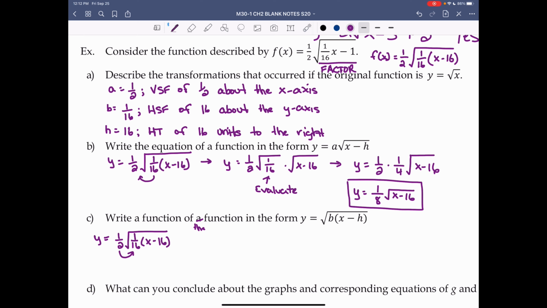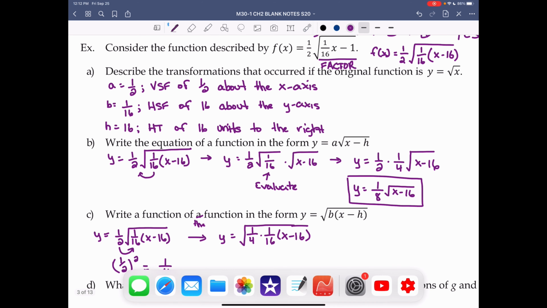Well, to move something underneath a root sign, you have to raise it to the power of the index of that root. So this is a square root, so we have to square the 1/2 to bring it underneath. So we'd have 1/2 to the power of 2 when we move it underneath. 1/2 to the power of 2 is 1/4. We get 1/4 times 1/16 x minus 16.